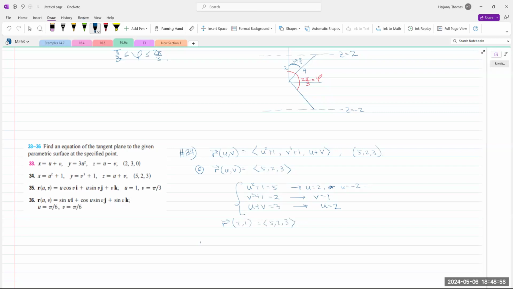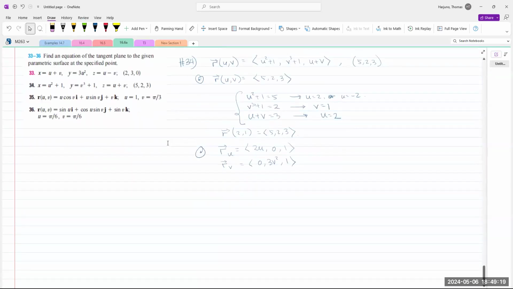Okay, next, how about r sub u? R sub u will be (2u, 0, 1). R sub phi will be (0, 3 phi squared, 1). So actually you can compute it this way.